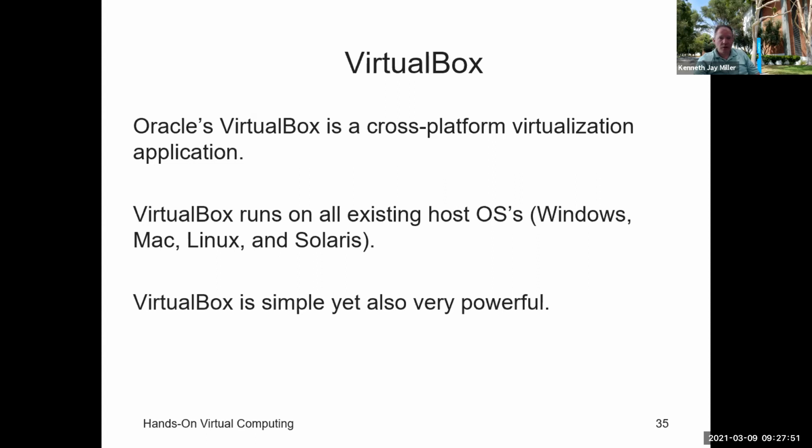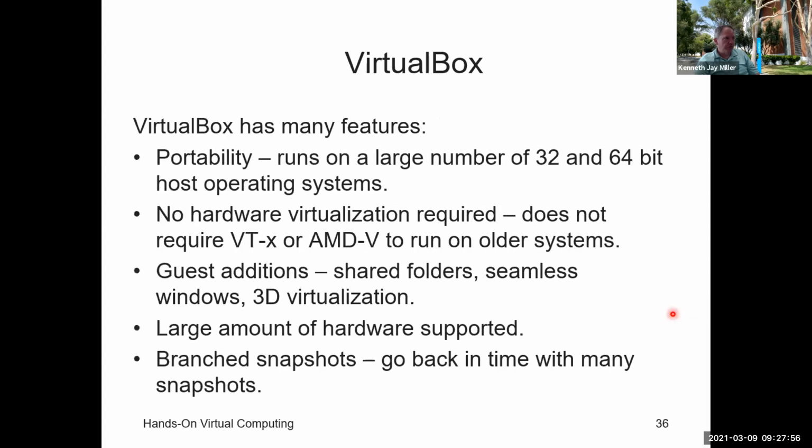Now, one thing with VirtualBox is it's very portable. So portability refers to where it can run on all kinds of hardware. So if you have a 32-bit, a 64-bit, whatever it is, it's probably going to run without any problems.